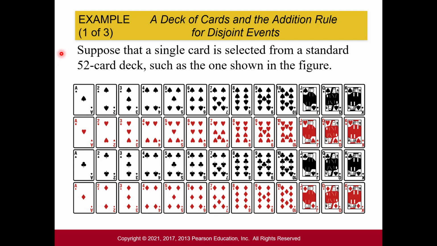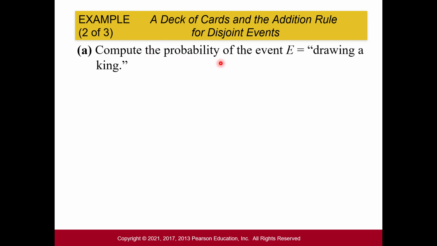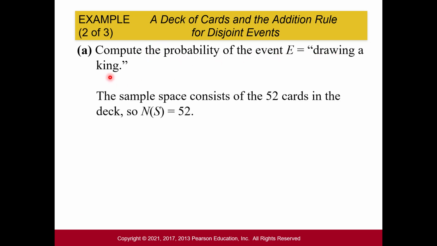Okay, so now let's try this example. We're going to suppose that a single card is selected from a standard 52 card deck, which here is a standard 52 card deck where we have aces through kings and then our 4 suits. So we're going to compute the probability of the event drawing a king. So our sample space is our 52 cards.